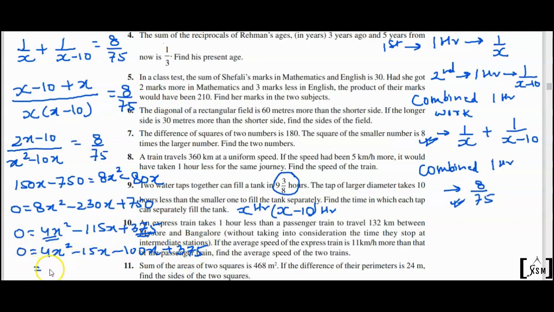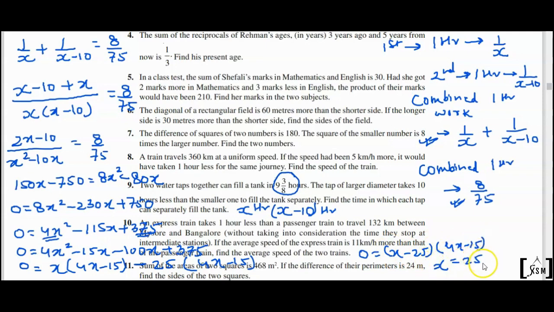Taking x common from the first and second term, we get 4x minus 15, and taking minus 25 common from the second and third term, we get 4x minus 15 again. So my factors are x minus 25 and 4x minus 15 equal to 0. So we have two values of x basically. One is 25 and one is 15 over 4.